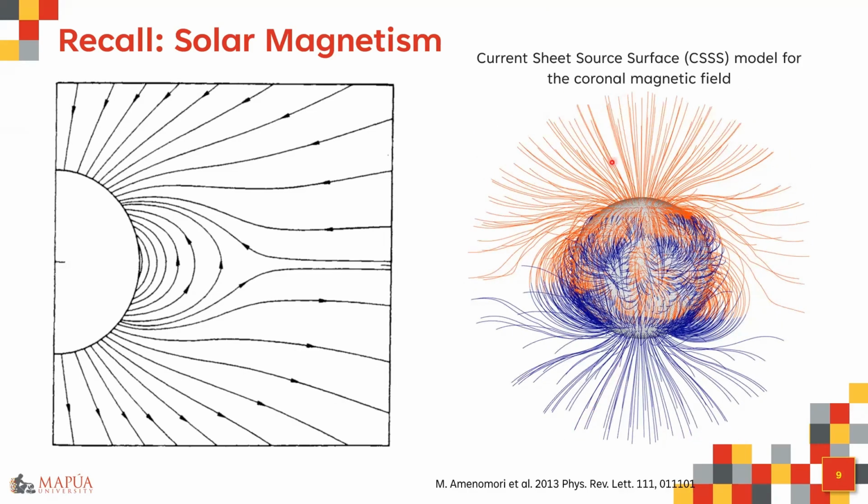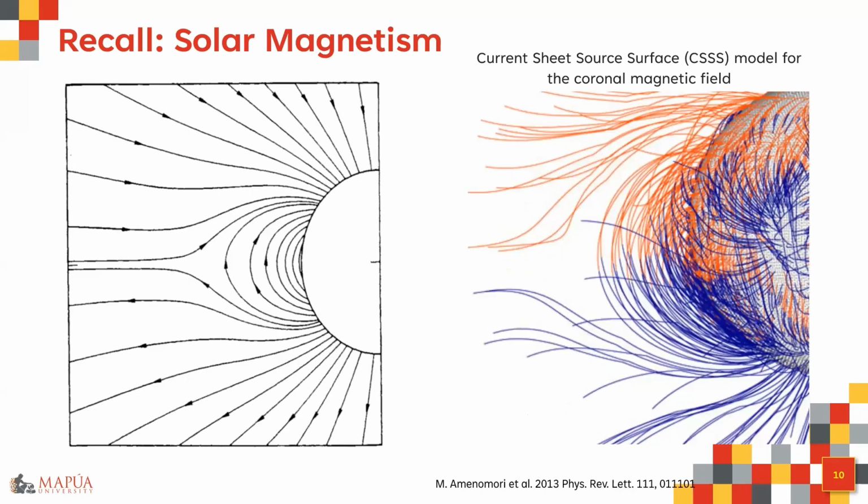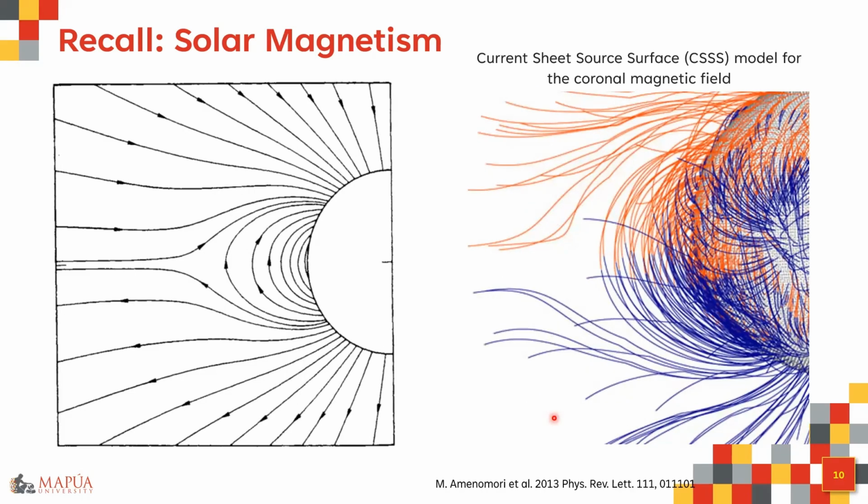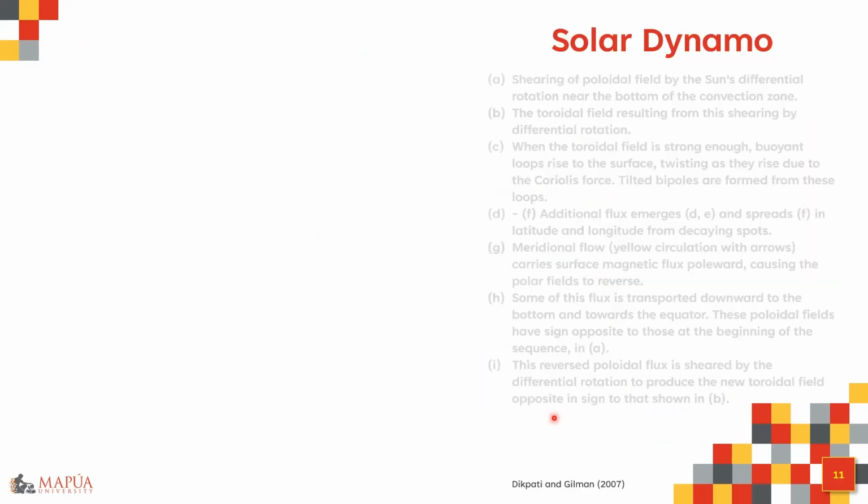So this is your dipole component, the radial and dipole component, in order to explain the solar dynamo. So the solar dynamo, just like your terrestrial dynamo, basically describes how the magnetic field of the sun is generated and changes over time.